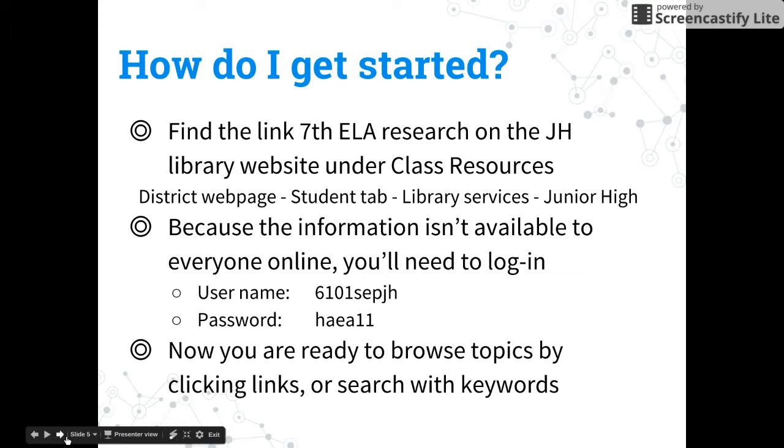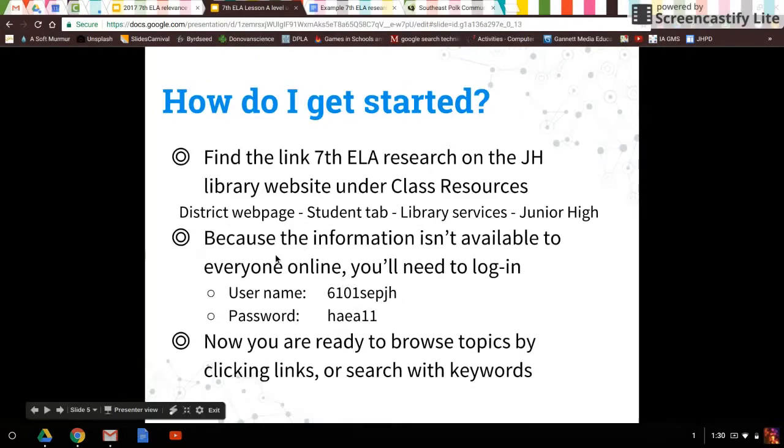Once you're on this page, this is our library website, you'll see 5 different research databases that should be helpful for this unit. Each database is a little different in the way it looks, but they are all similar in the way that they work. So let me show you how to get to these databases.